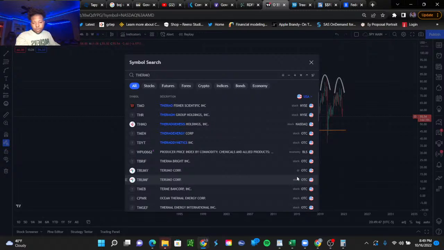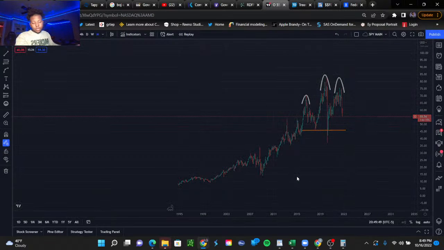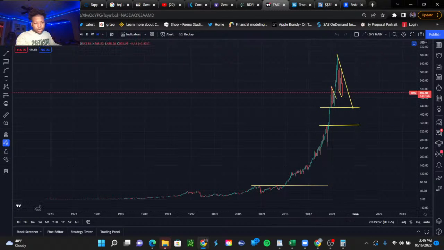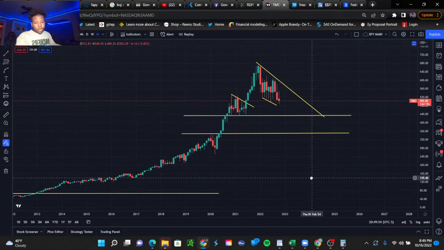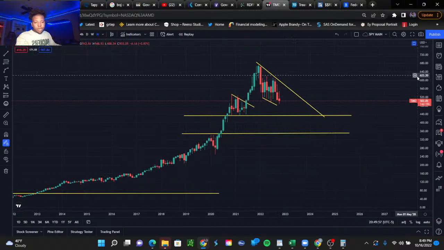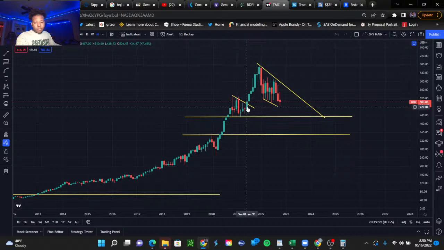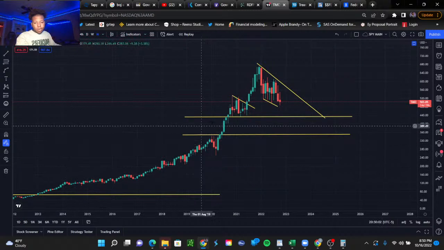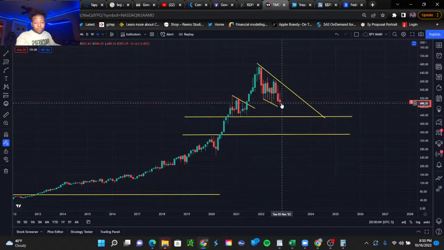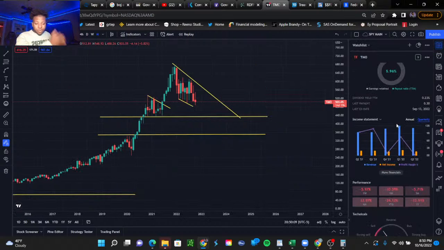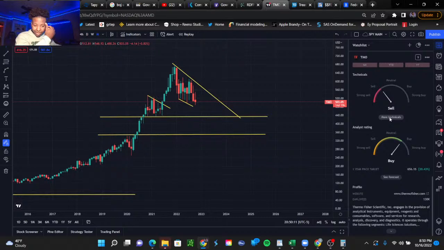Thermo. TMO. I think they're headquartered here, actually. See, this is why it's important to pick them, because you're still way above COVID levels. In fact, 2021 levels. Thermo Fisher does analytic instruments and equipment, reagents and consumables, software, and services for research, analysis, discovery, and diagnostics.